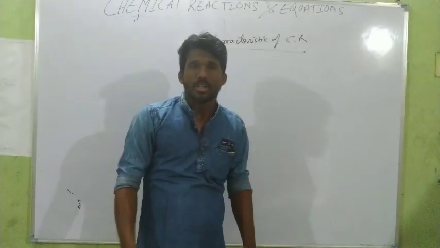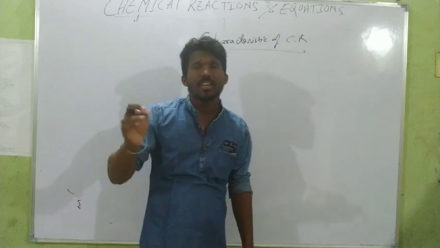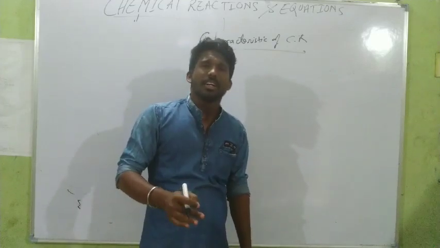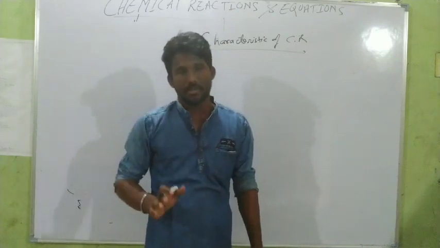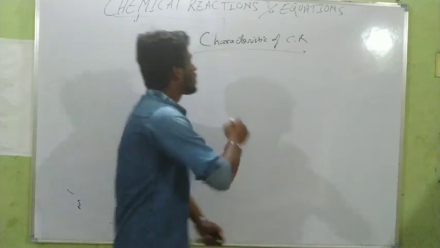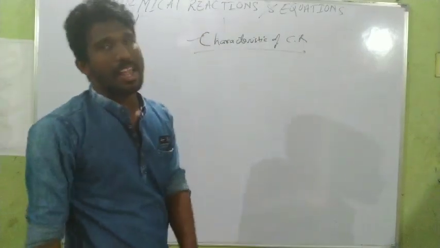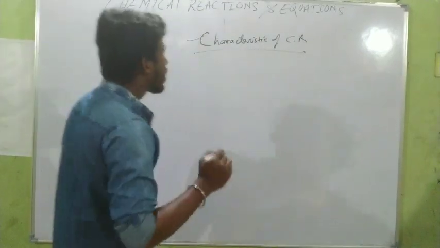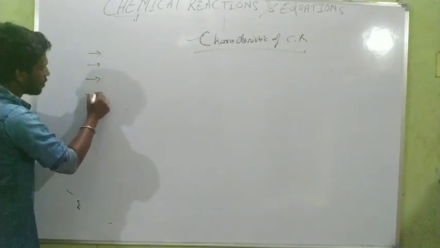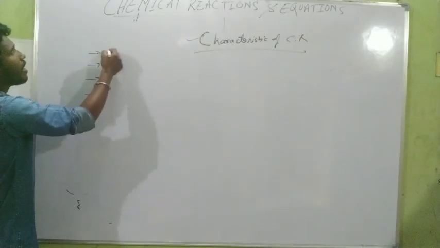Whenever a chemical reaction is taking place, a change is noticed, and that change is called the characteristic of a chemical reaction. Basically, we have five changes that we can observe.